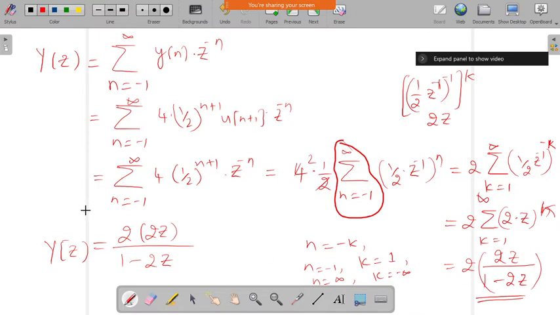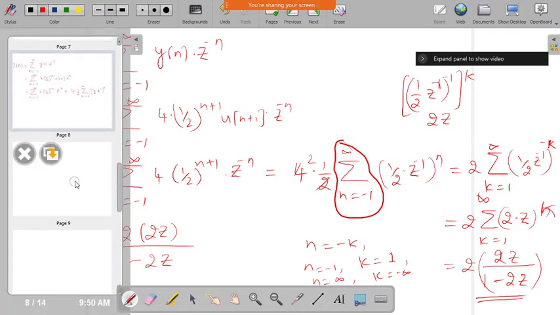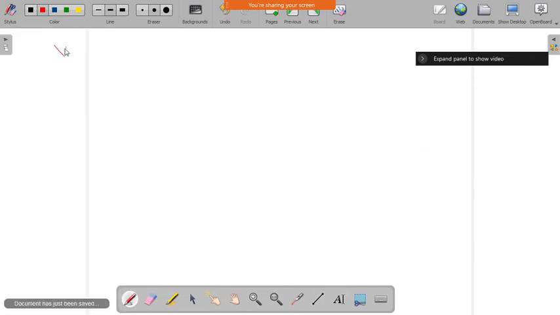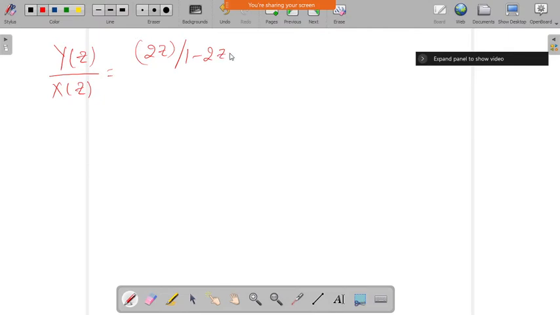Okay. So now Y(z) we got, X(z) we have already found out. Now take the ratio of X(z) and Y(z), that is Y(z) divided by X(z), which is equal to 2 into 2z divided by 1 minus 2z, and X(z) is 1 minus z inverse.